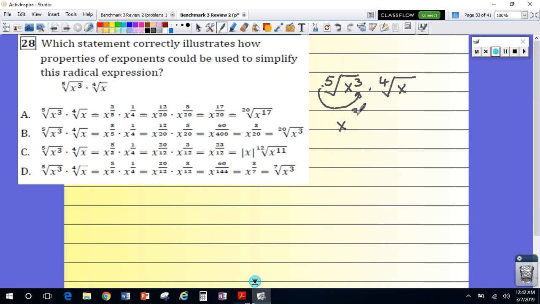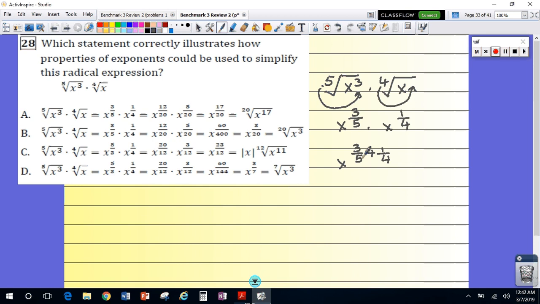So x to the exponent 3 over 5 times x to the exponent 1 over 4. So when we have same base, we add the exponents. So x to the exponent 3 over 5 plus 1 over 4.